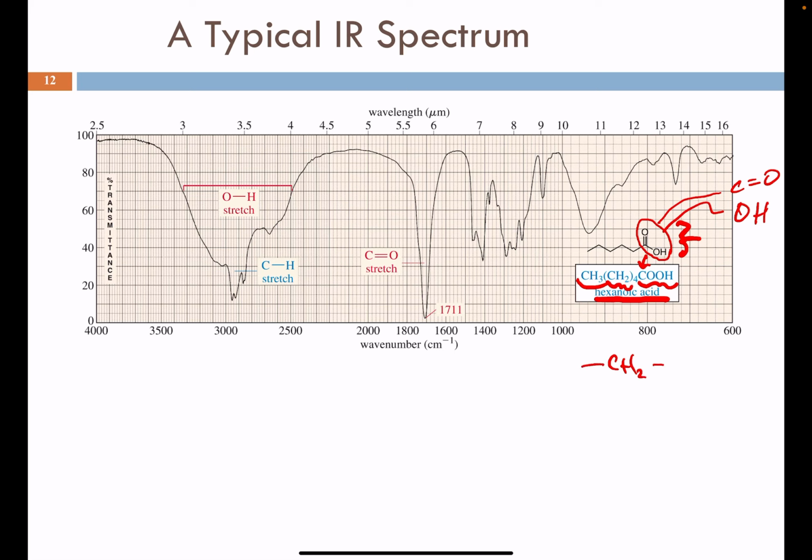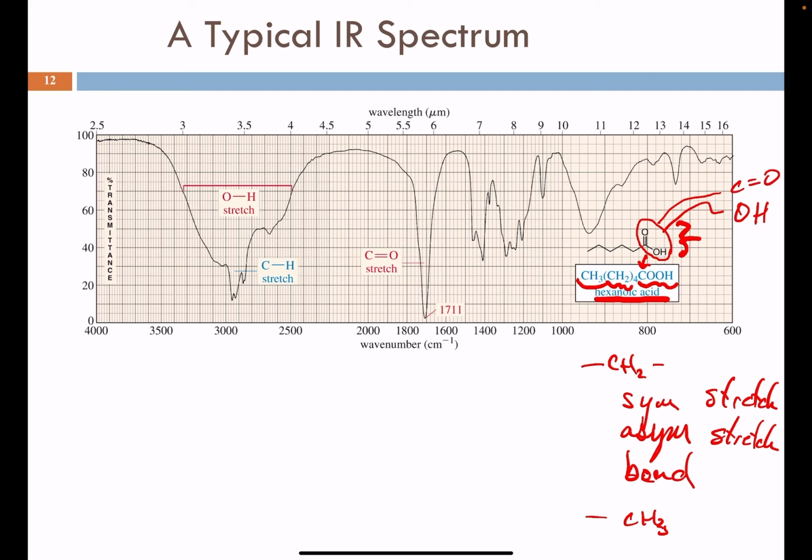So we're looking for symmetric stretching and asymmetric stretching, and also bending modes can be considered. And in certain cases, the CH3 group can even be found with a symmetric or asymmetric stretch as well.